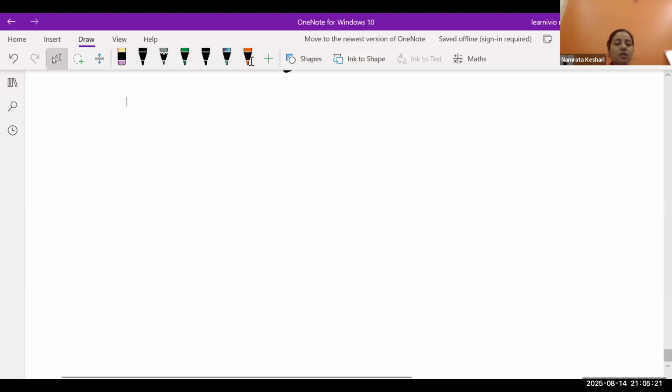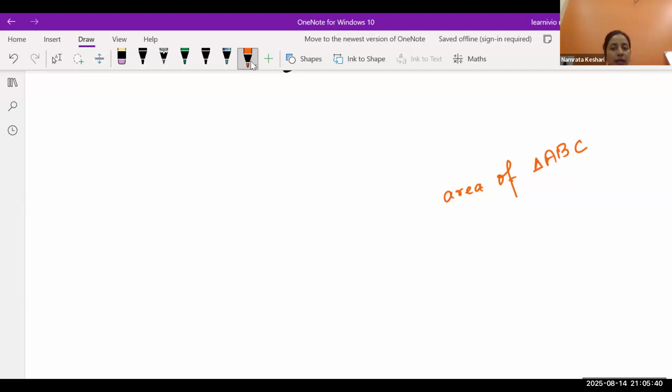Now, if this much is clear, then just a moment. Yeah. Area of the triangle, we write it this way. Area of triangle ABC. There is a shortcut also to write the same thing.